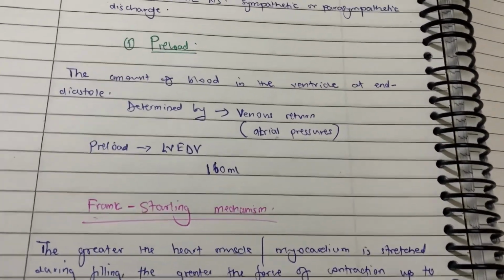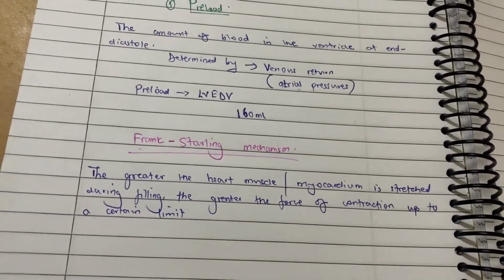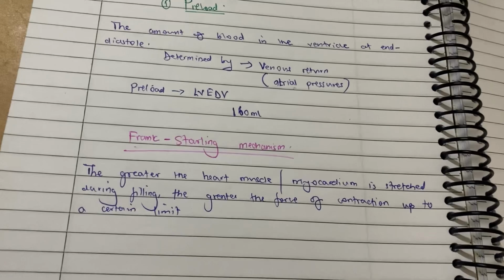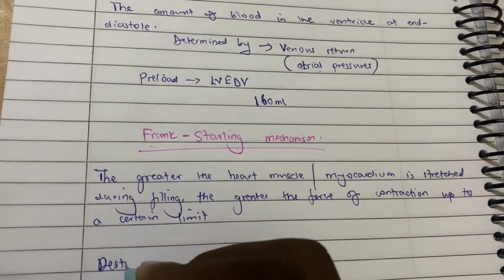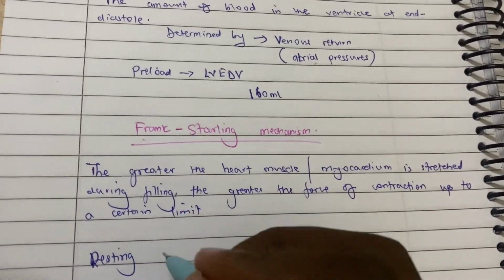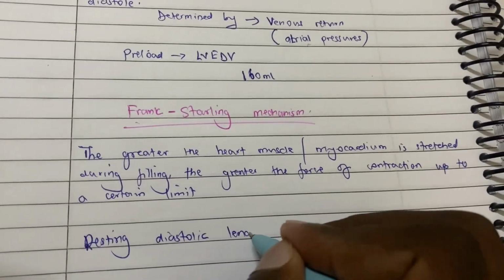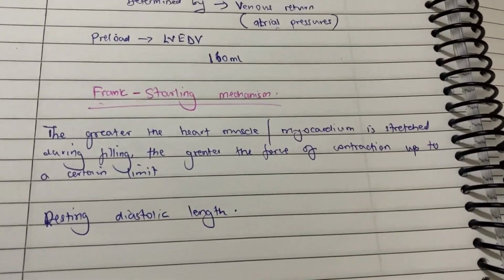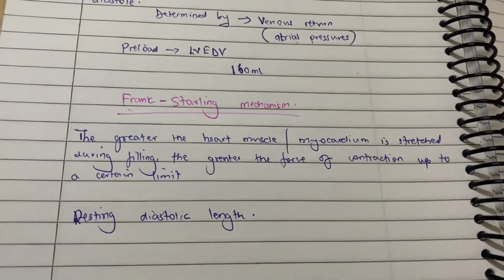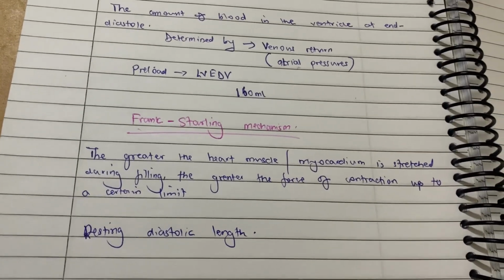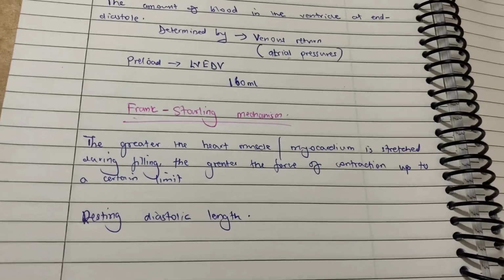So the greater the blood in the ventricle at end diastole, it translates into stretch. We have something called resting diastolic length of the myocardium. The greater the resting length, the more the force of contraction. If the resting length is short, the contraction will not be strong.